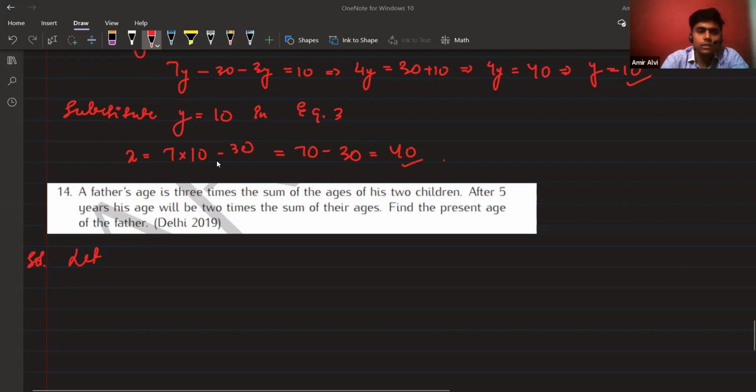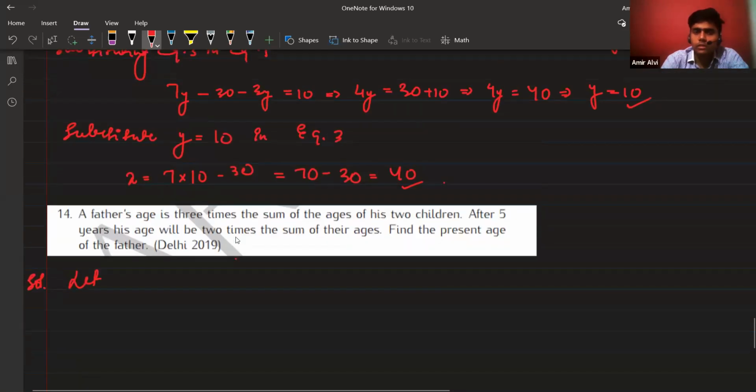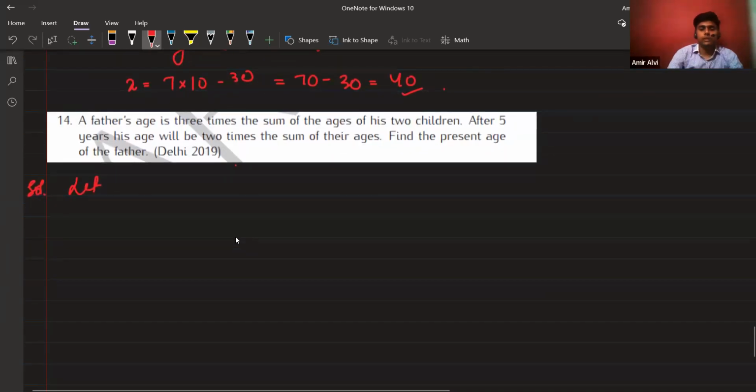Is my screen now clear? Yes, sir. Actually my laptop is getting a little bit heated, so that's why it's not working properly. I don't know what has happened.